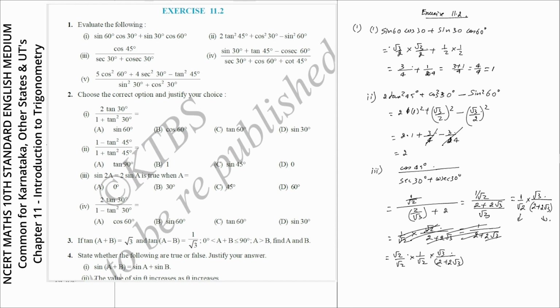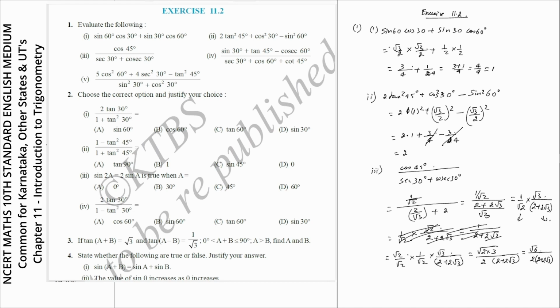Okay, now here root 2 in the denominator, root 2 into root 2 I'll get root 2 only. So in the numerator I'll get root of 2 into 3. In the denominator, root 2 into root 2 is just 2, into 2 plus 2 root 3 I'll get. Now I'll get root 6 by 2 into 2 plus 2 root 3.